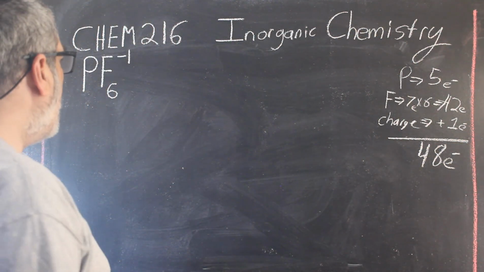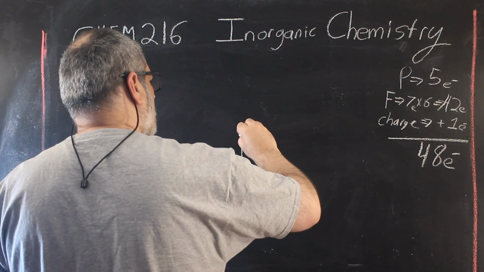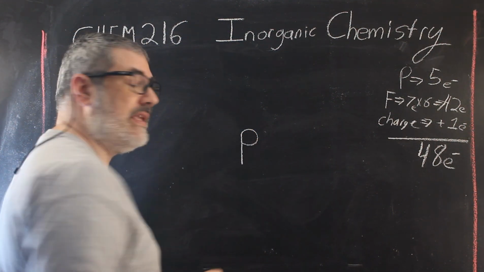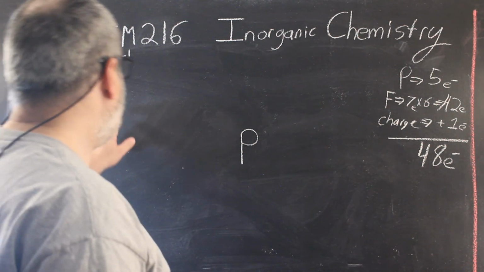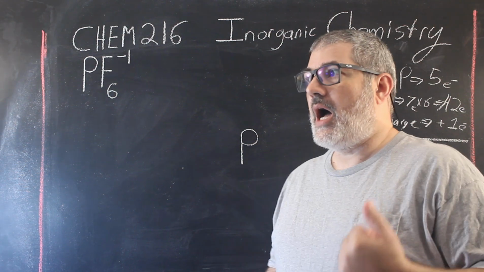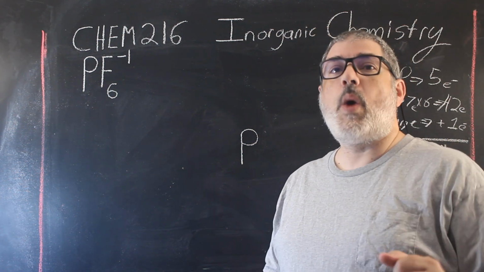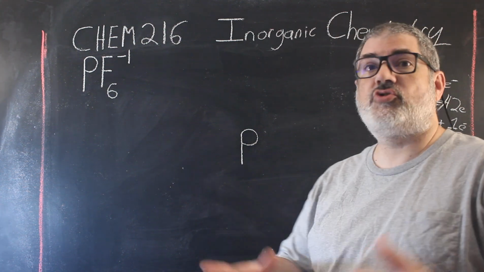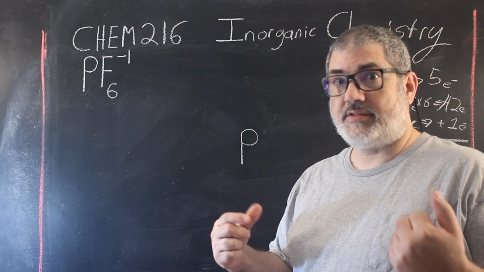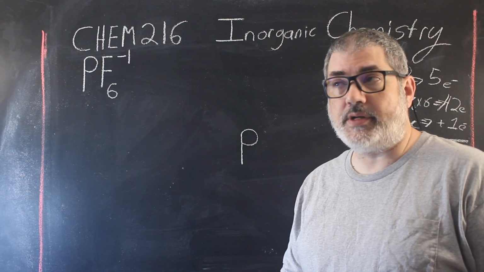All right. Now, our phosphorus is the central atom, and it's surrounded by 6 fluorines. Now, one of the things, typically, not always, typically, when you have an atom surrounded by 6 other atoms, it is going to be octahedral geometry.